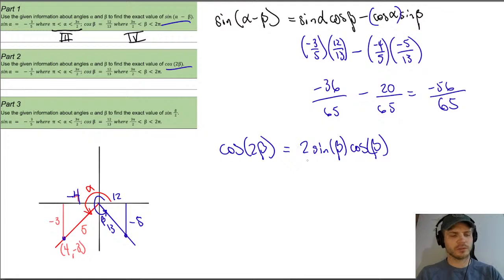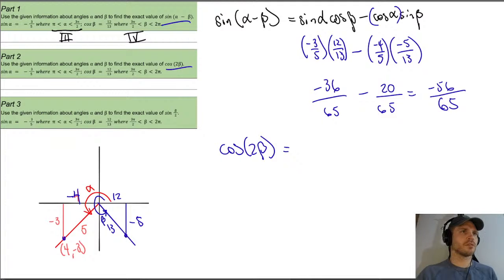Right. No, wrong. Let me check that. Yeah, okay. I knew this wasn't right, because it's cosine times cosine minus sine times sine.